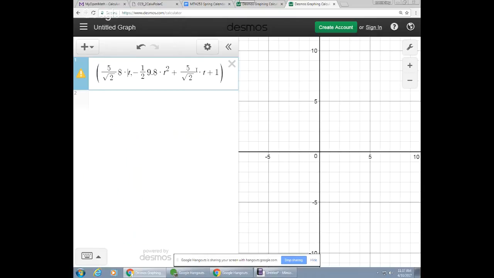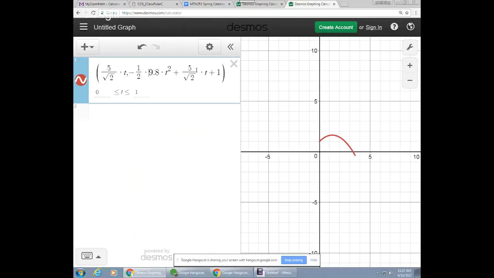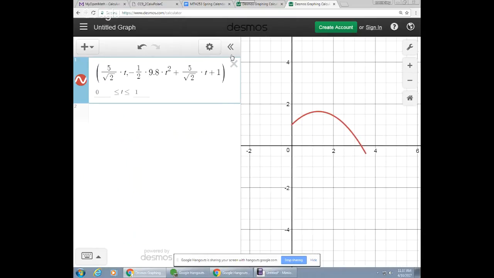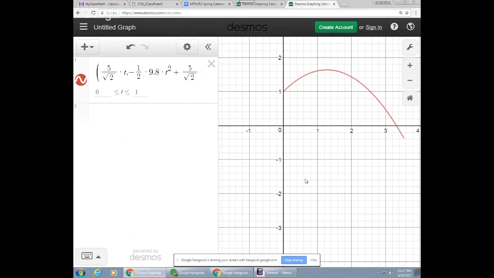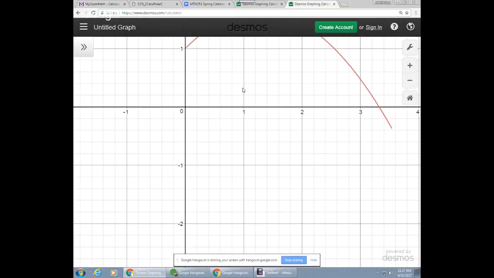Where did the A come from? Do I need a times there too? Ah, I wanted the times there. Okay, so Desmos expects me to multiply. Yeah, we need to zoom in on this. There you go.